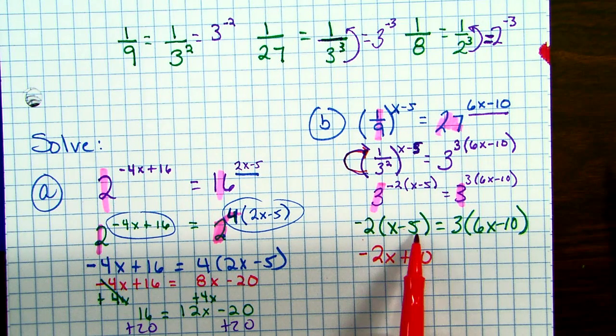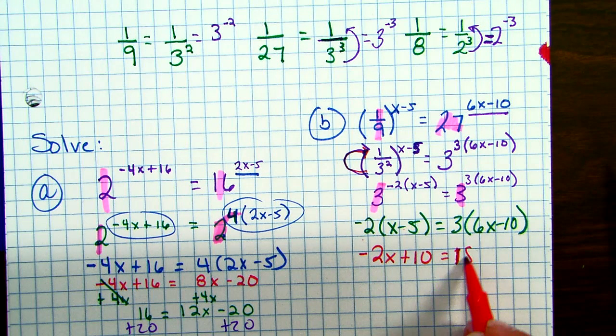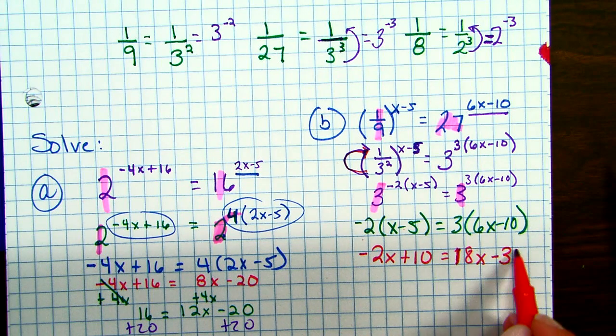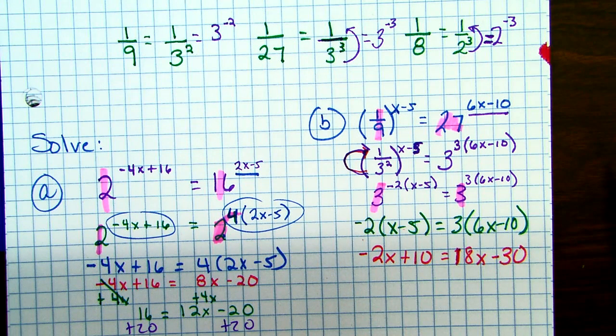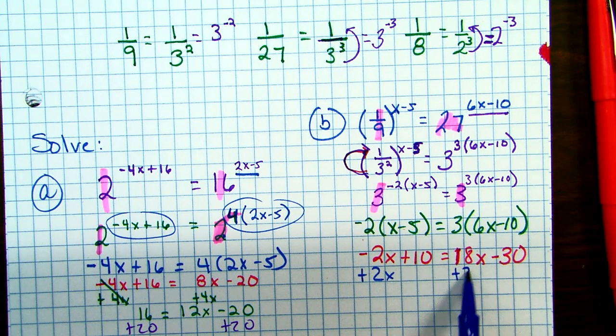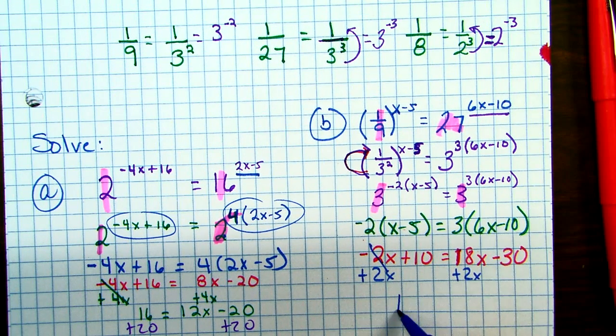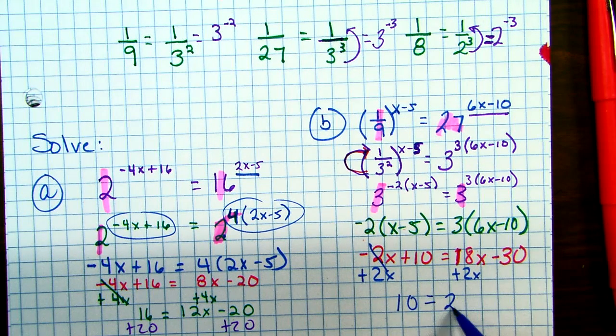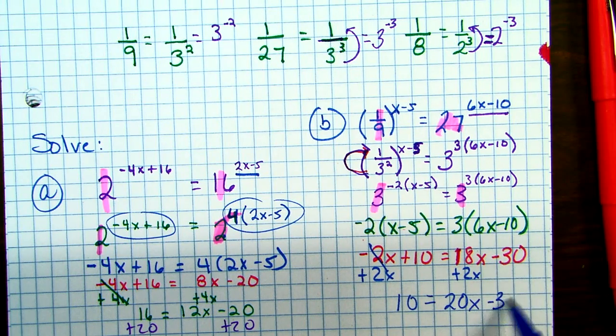Right, -2 times -5 is 10. Get your x's together, just not in real life. You can add the 2x or subtract the 18x. Doesn't matter. Leaves you with 10 equals 20x minus 30.